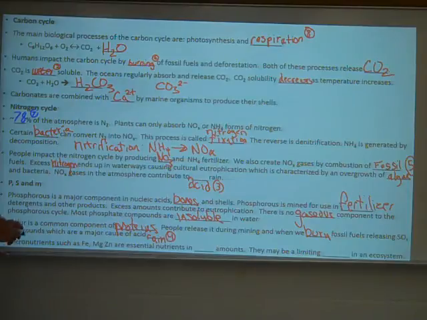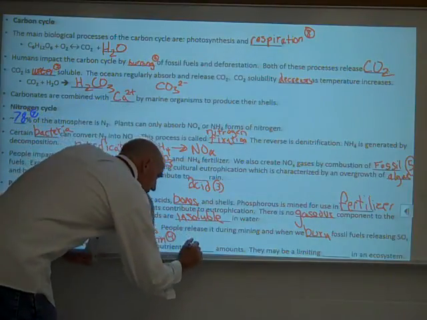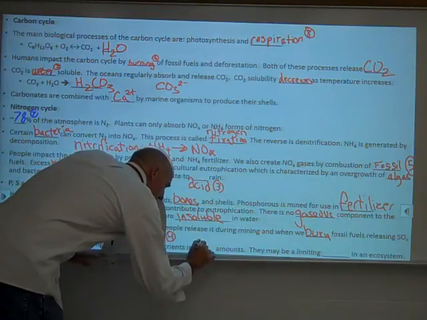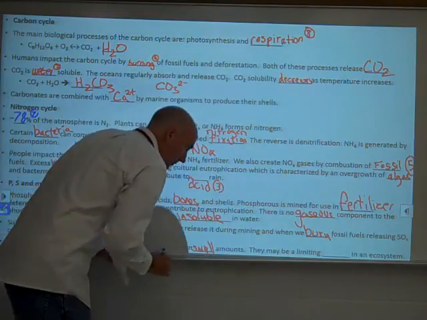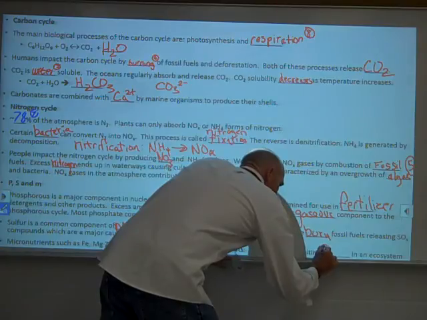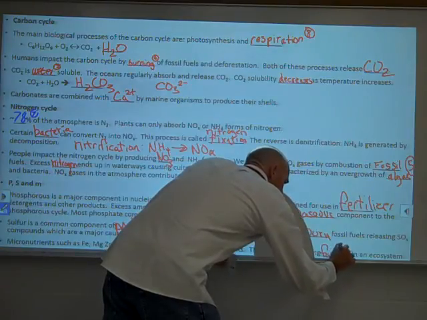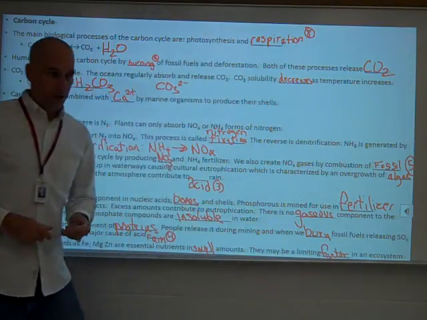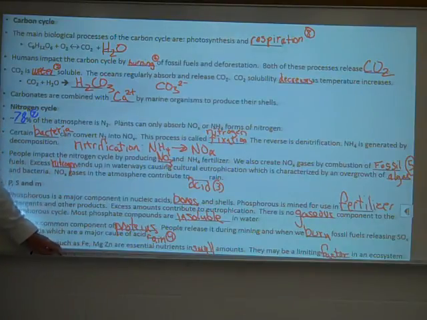And finally, last one here, micronutrients such as iron, magnesium, zinc, manganese, a whole bunch of them. They're in small amounts, but they may be a limiting factor. Citrus trees, for example, need manganese. When they first started discovering them in the Andes, soil typically has a lot of manganese in it.